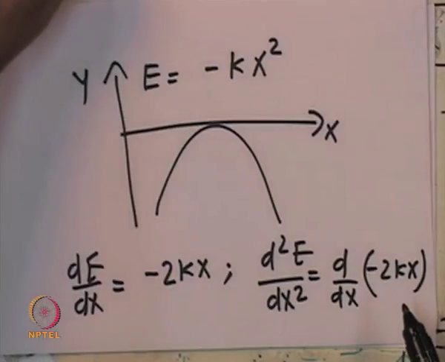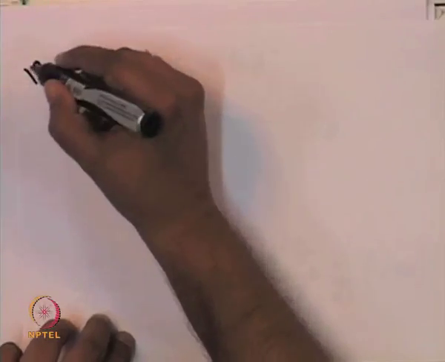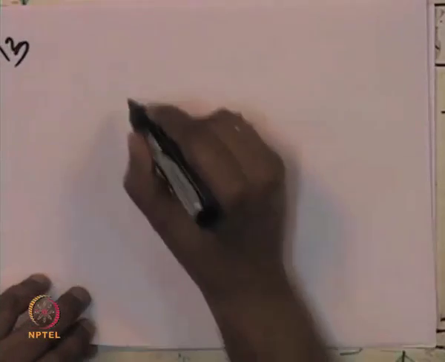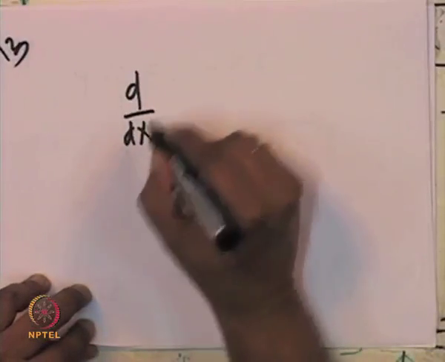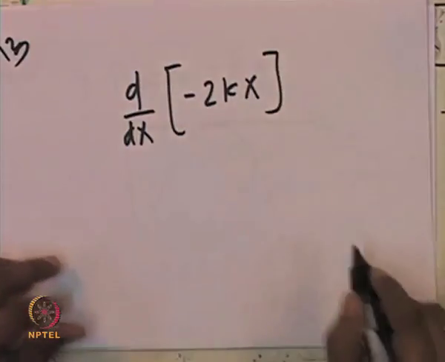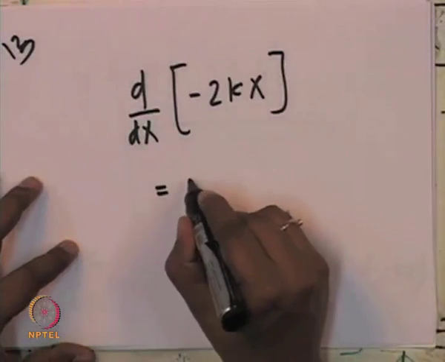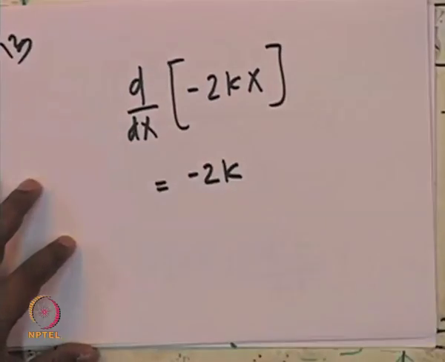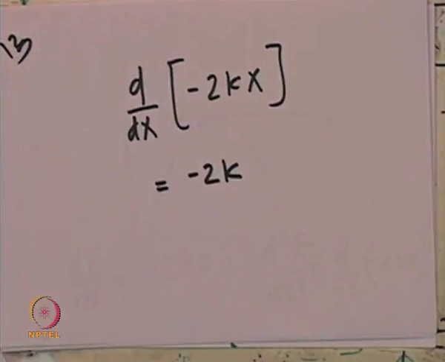So, d by dx of minus 2 k x, where k and 2 are constants, is nothing but minus 2 k times dx by dx, which is 1. So, it is minus 2 k.